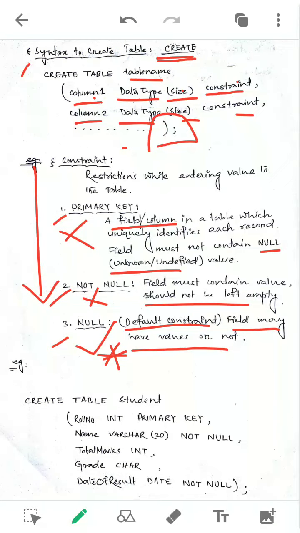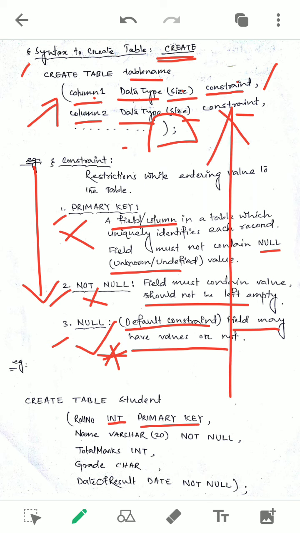You see, first roll number, according to this format. Then the data type was given as int, you can see in your book. Size was not given, so there is no need to write it. Then the constraint is given as primary key. After that, a comma comes in the syntax, match it with this syntax.